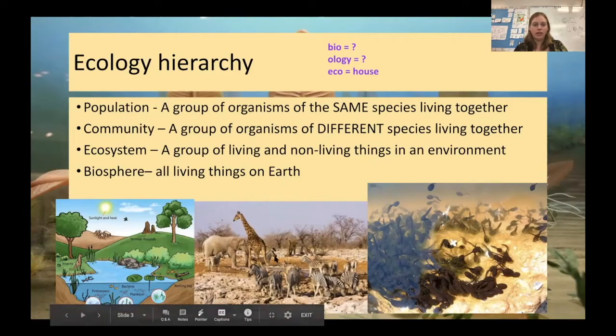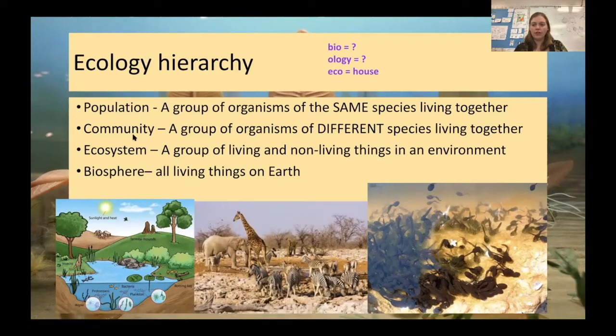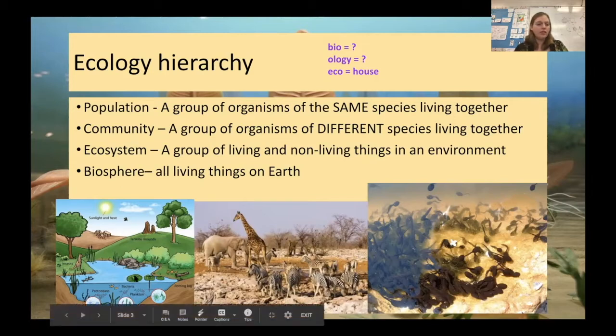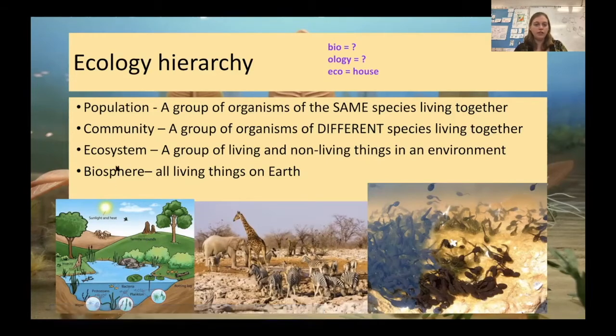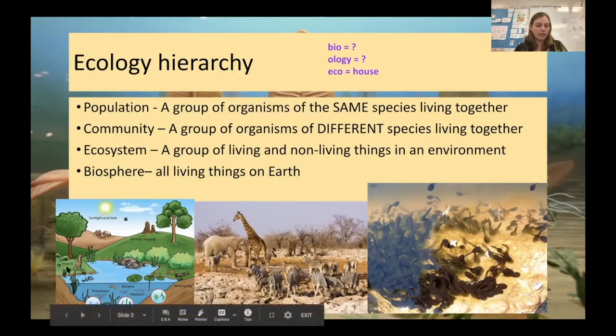Hopefully you are thinking community because these are all the different species in this area. And here we have a picture with sunlight and heat labeled. You've got bacteria, plankton, a rotting log, some termite mounds. So think about which word this picture is representing. And hopefully you're thinking ecosystem because you do have the non-living or abiotic factors and the biotic factors included.